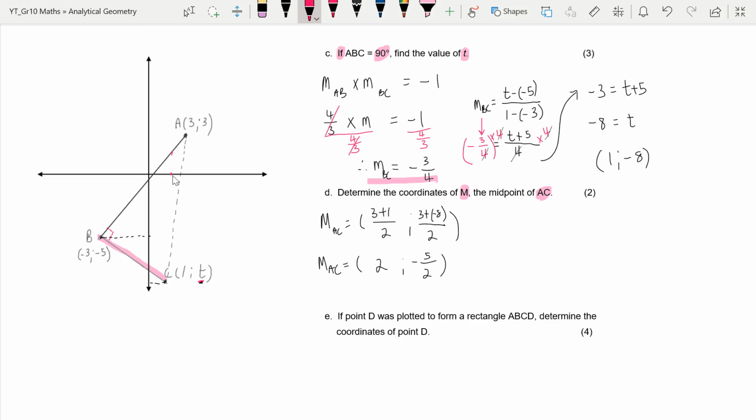And where Y is negative 5 over 2, which is just equal to negative 2.5. So if we find that, negative 5 is there, so 2.5 should be more or less in the middle. Yeah, so I think that looks pretty good. All right, so just using our basics of the midpoint formula.